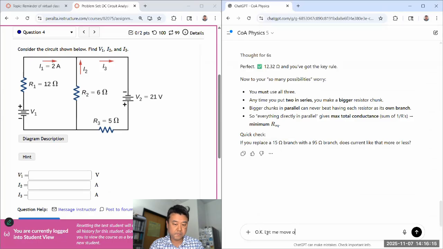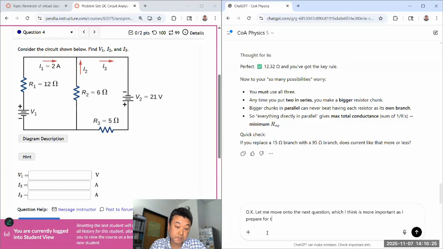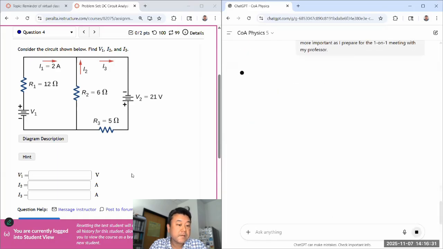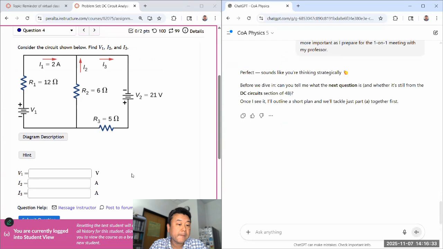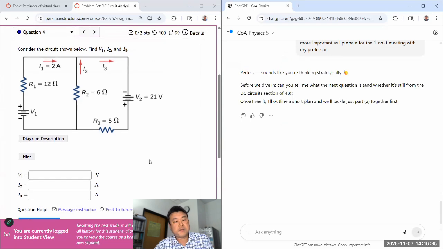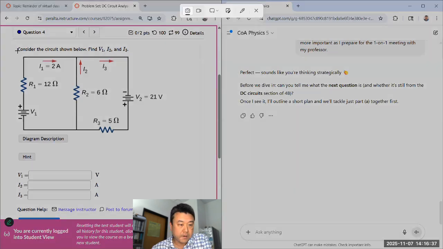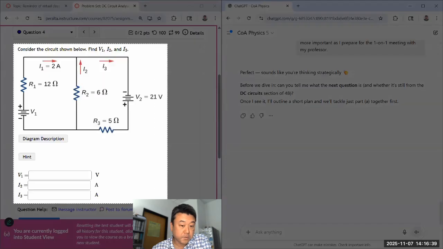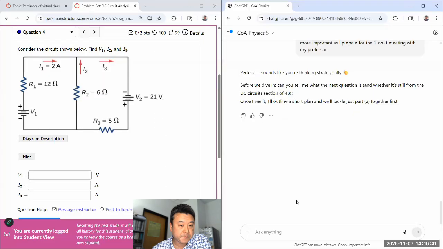Let me move on to the next question, which I think is more important as I prepare for the one-on-one meeting with my professor. So it's this one, and I'll say, hoping to get CoA physics GPT to explain it in more detail, or maybe break it out into more steps.